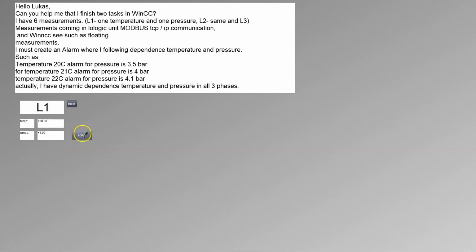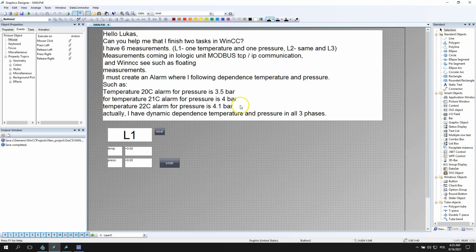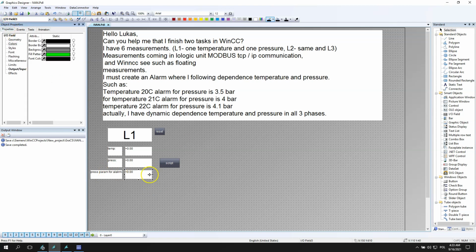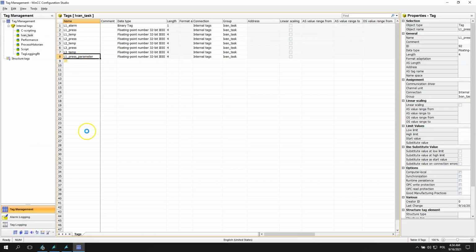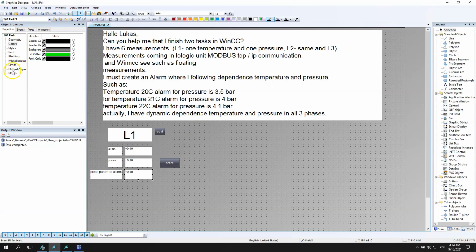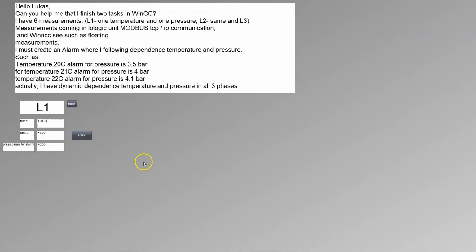After we put the script, we should have the pressure param. I will update this, pressure param for alarm. Okay, this is the one, and the pressure parameter is here. Okay, copy paste. Okay, save and let's run this.